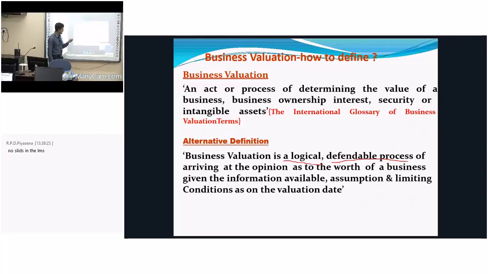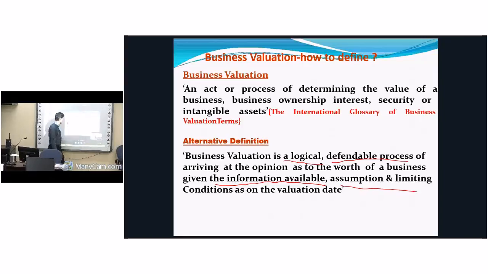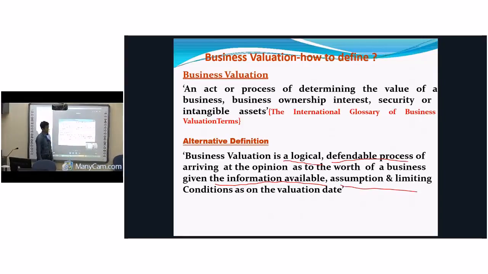So it's not always right or wrong, or always this is the only single value, but it is logically and defendably how you prove your value, and that is based on the information available. There may be certain information not available, but here we have to logically give a value for the information available, and also the assumptions and limitations on conditions of the valuation date.